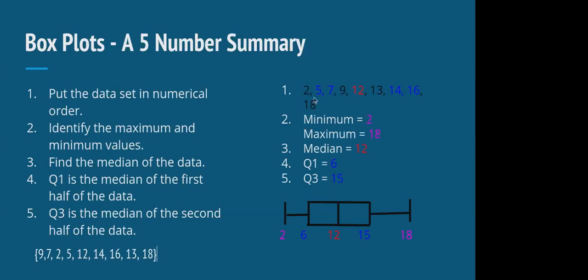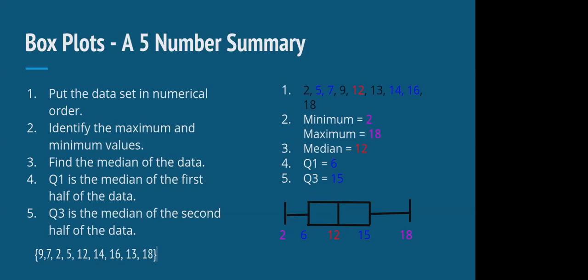So we have 2, 5, 7, 9, 12, 13, 14, 16, 18. So it's easy to identify the minimum. The minimum is 2, because that's the lowest value. The maximum is 18. So those are 2 of our 5 values.